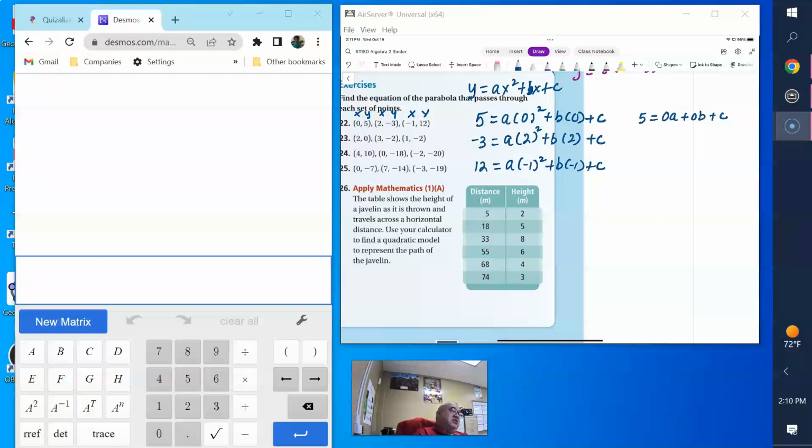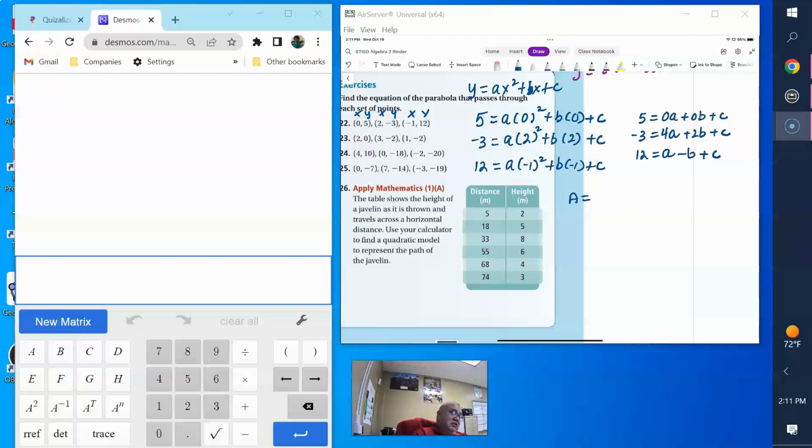The next equation is -3 equals 2 squared, which gives you 4a plus 2b plus c. And the last equation is going to be 12 equals a, since -1 times -1 is +1, a minus b plus c.